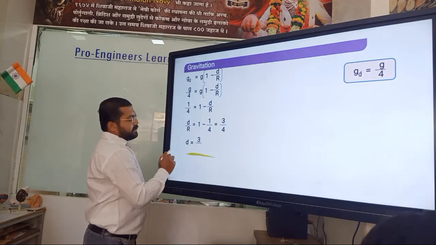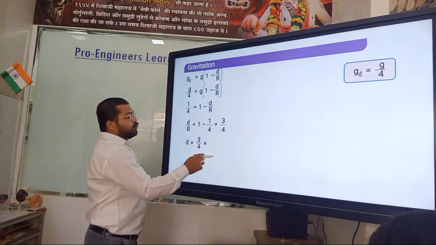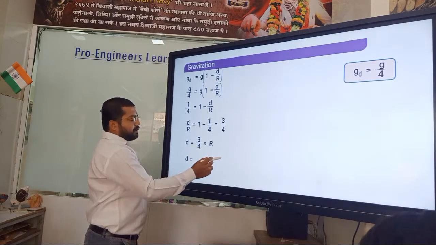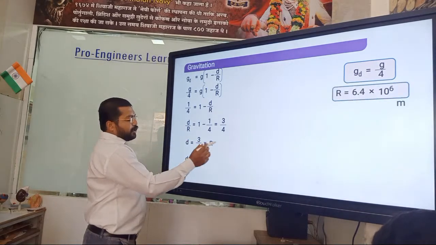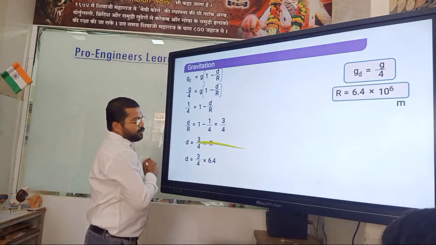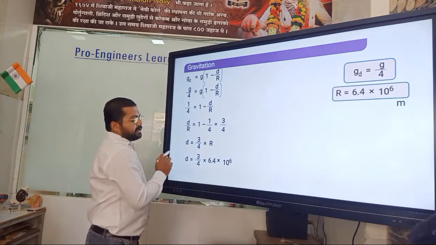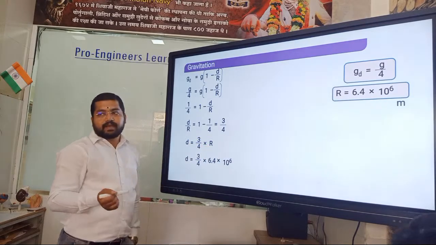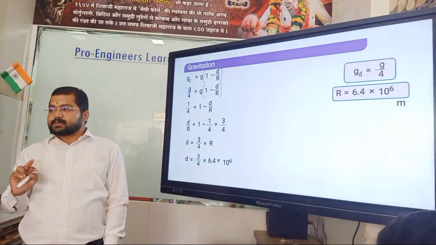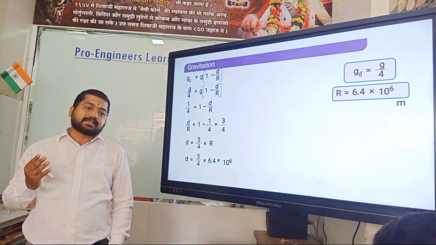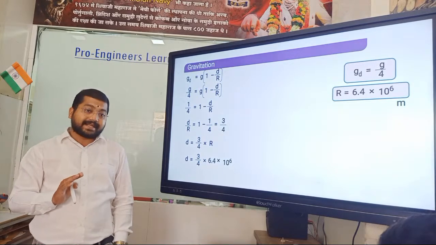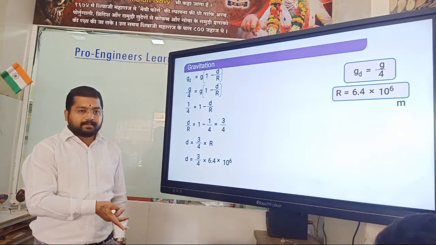So d is equal to 3 by 4 into radius of Earth, which is 6400 kilometer, right? 6.4 into 10 to the power 6. When we are considering 6.4, it must be 10 raised to 6 meters. When we are considering 6400, that is 10 raised to 3 meters.